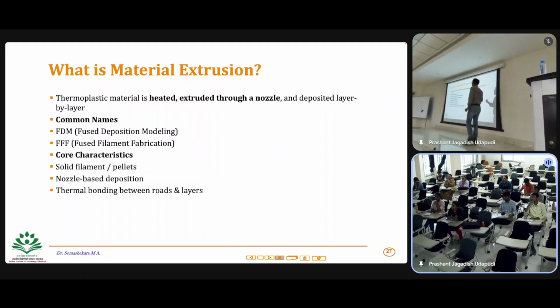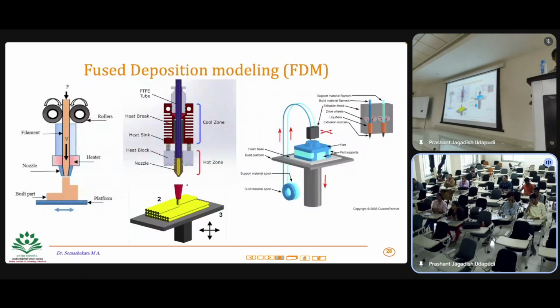If you use a laser, you will be able to penetrate the previous layer. But here, since you are using semi solid layers when you extrude through the nozzle, you need to make sure the bonding between the layers is very strong. Otherwise, it will simply come out of it, right? So these are the three major things.